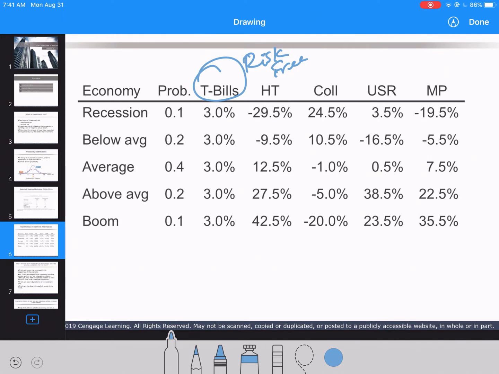Now we are in the COVID situation, and various sectors of the economy have been impacted differently. Restaurants and retail are impacted negatively, so there is a decline in the expected rate of return.